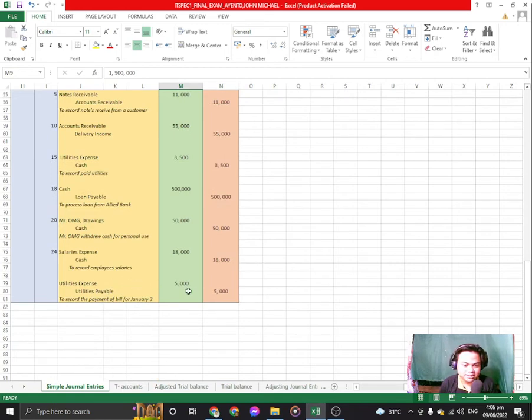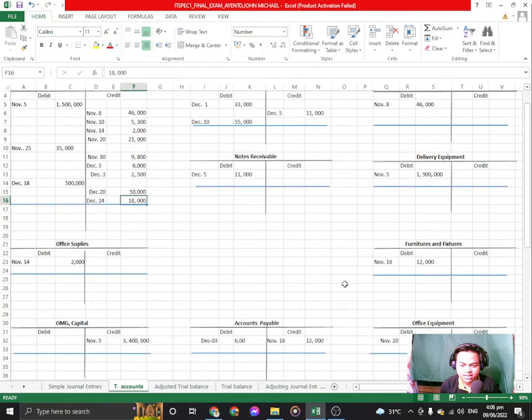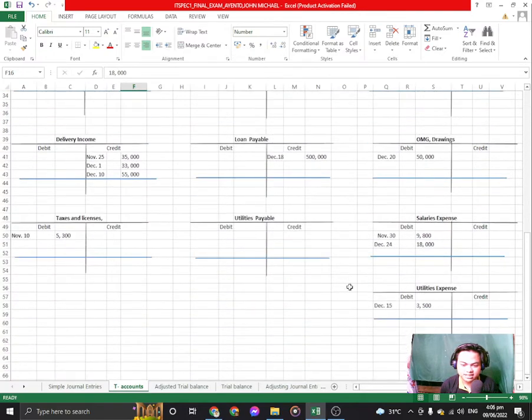And then for the last transaction, utilities expense and utilities payable, we have the 5,000 for the debit and credit. Okay, utilities expense, December 24, 5,000 pesos.